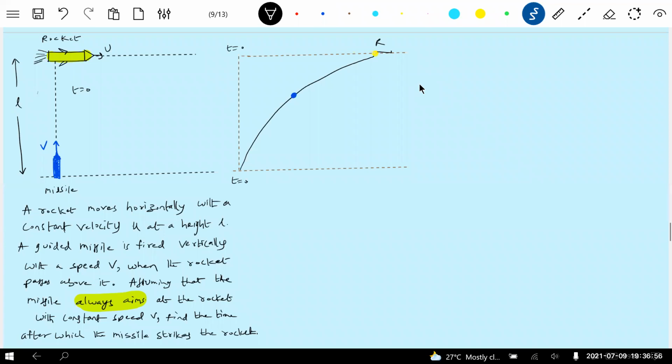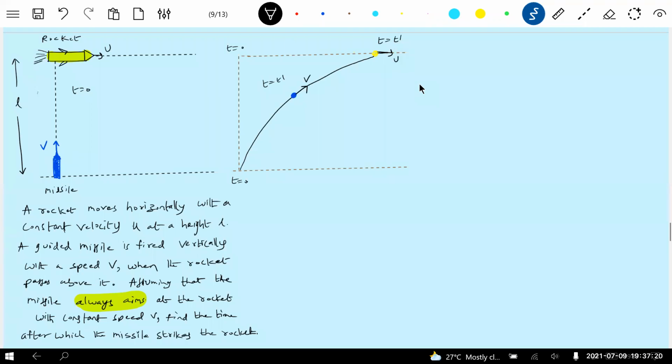After some time, it will be here. This is at t equal to t dash. This is also at some time t dash. Here, how will this be moving? It will continue to move with velocity v. This will continue to move with a velocity u. This much information we have.